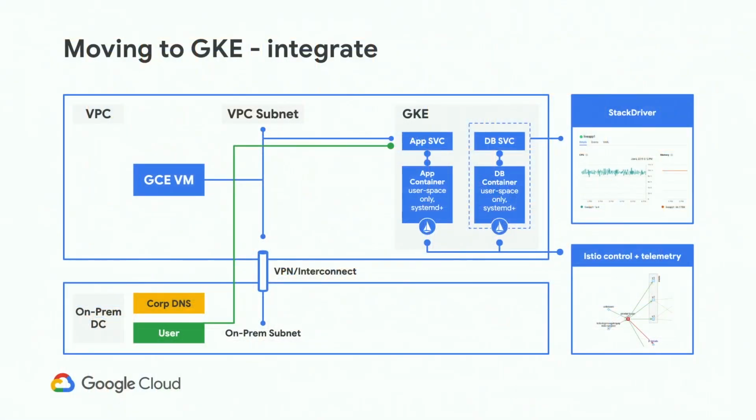And once you're there, one of the key benefits is that once you've landed and you're running on GKE, customers can leverage Stackdriver, Istio, all these tools that are integrated with GKE. Once their app migrates to GKE, all the framework around it can be leveraged.